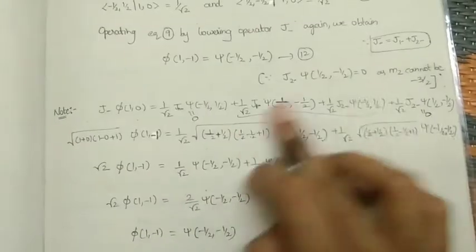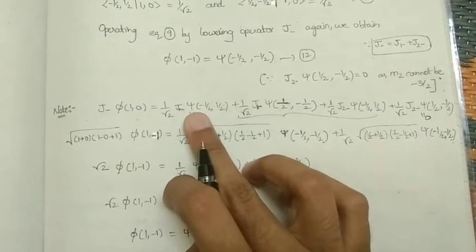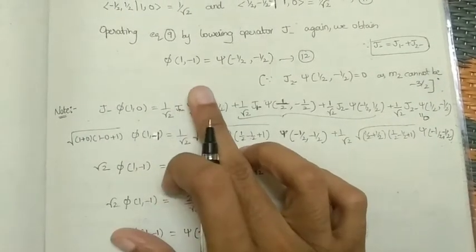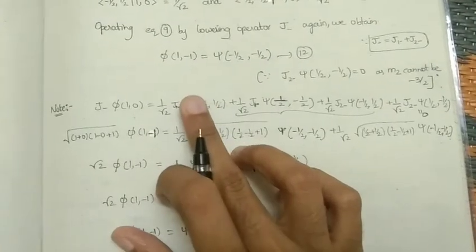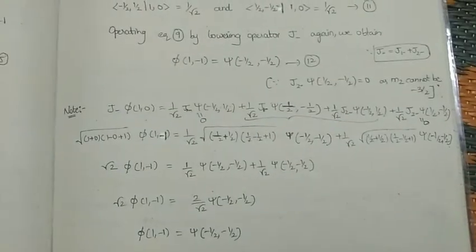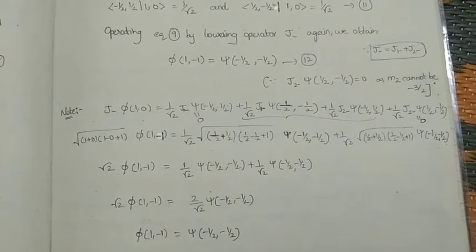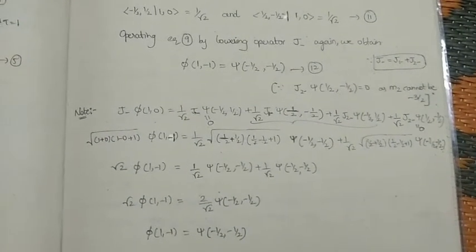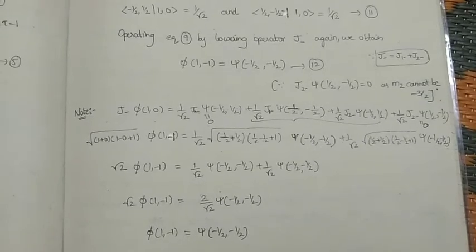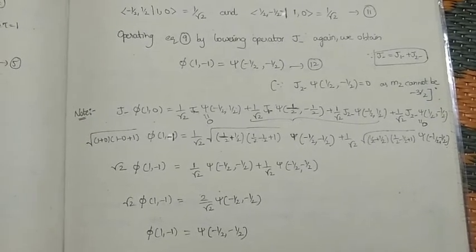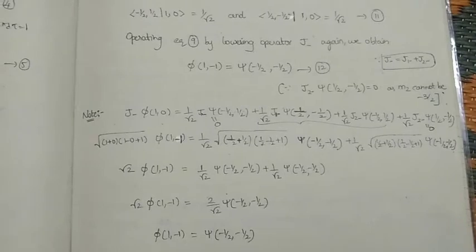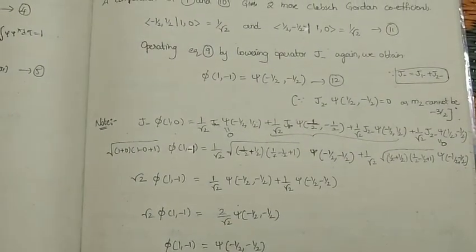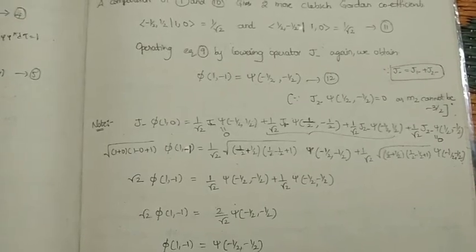And next here if you see j1 minus, first of all we need to see here j1 minus would reduce the value of m1 by 1. So minus half minus 1 is nothing but minus 3 by 2. But in the question we have already considered that m has only half comma minus half values, because j1 is equal to half means m1 is minus j1 to plus j1, that is minus half to plus half, only those values.